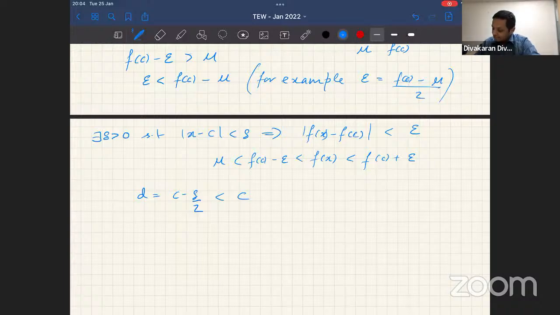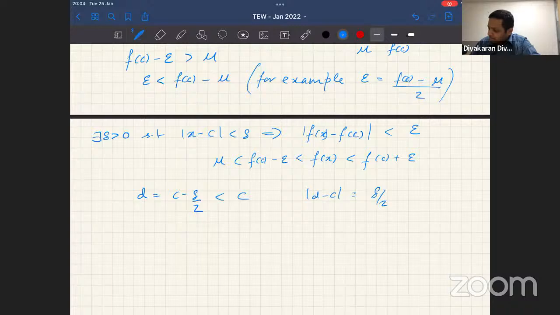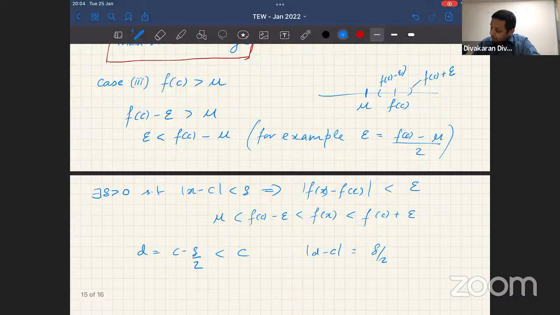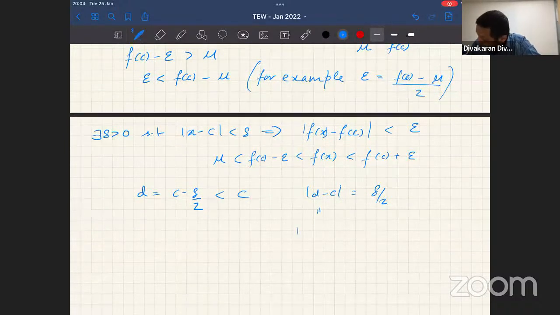And notice that mod of d minus c is also less than delta by 2. Why? Because d is equal to c minus delta by 2, so we are taking c minus delta by 2 minus c, and we are taking the mod of that. This is equal to the mod of minus delta by 2.